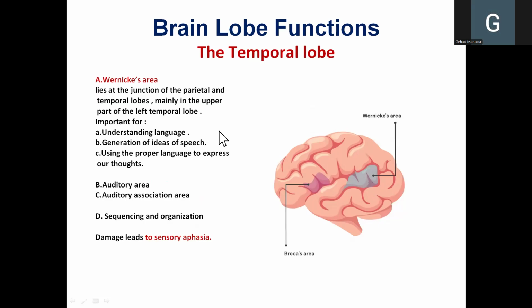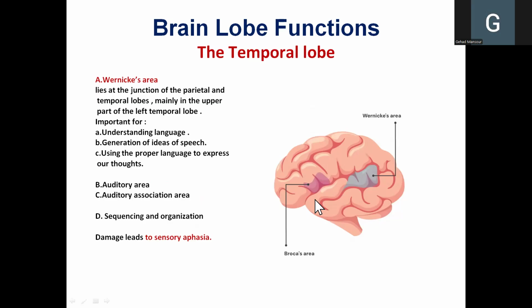So first of all, if Wernicke's area is damaged, then Wernicke's aphasia will occur. The person would not understand language. The person would not be able to generate or formulate ideas of speech, and he would not be able to express himself well, and he would have very fluent speech. Of course, this occurs if Wernicke's area only is damaged or if the whole temporal area is damaged.